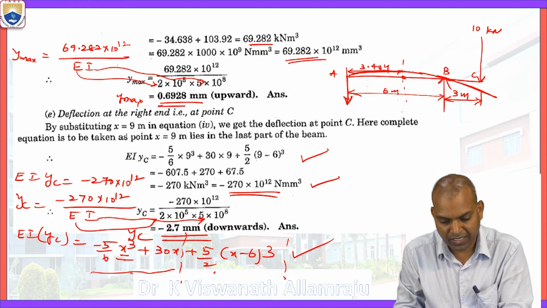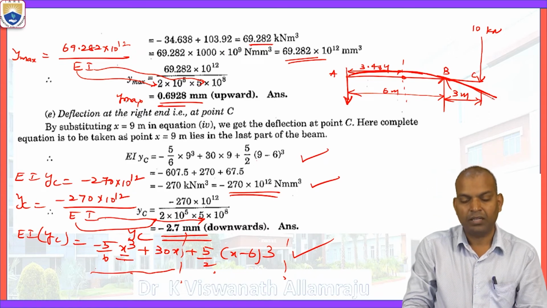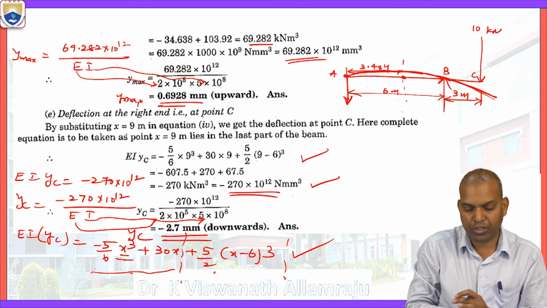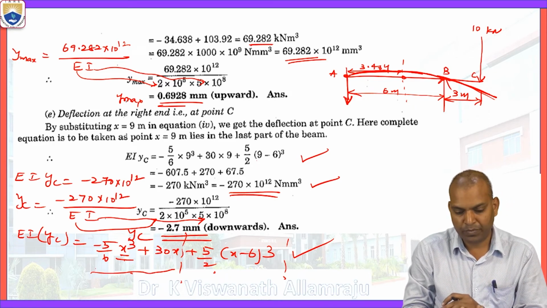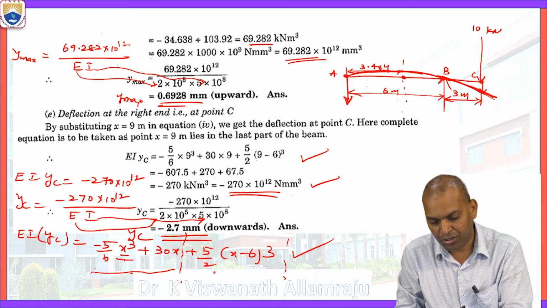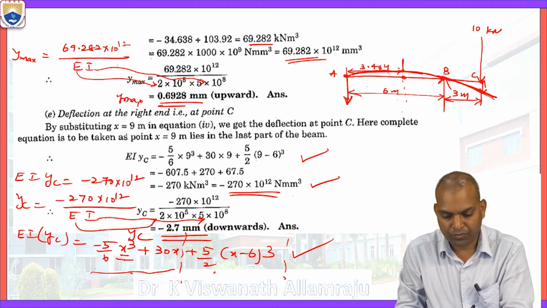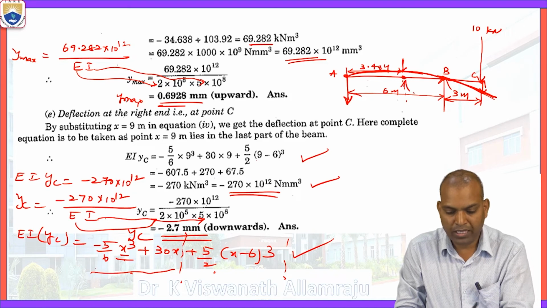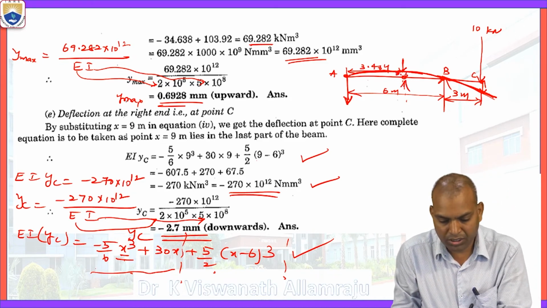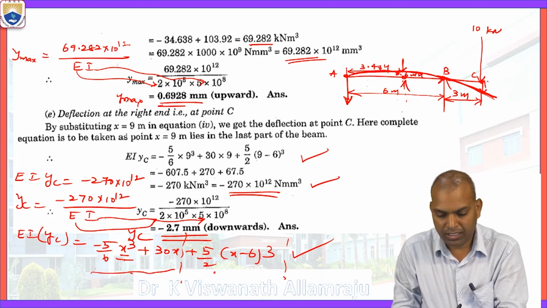This is how the curve deflects, because the deflection at the supports, x equal to 0 and at B, becomes zero. Now this is the manner in which it is deflected. Here it is negative, and here it is positive. The positive value here is 0.6928 millimeters, and here it is 2.7 millimeters.